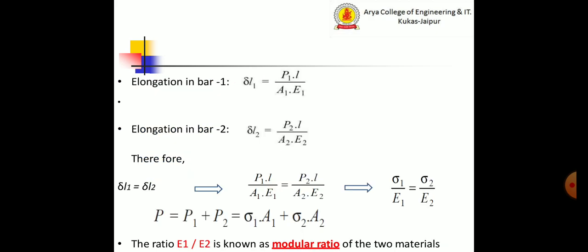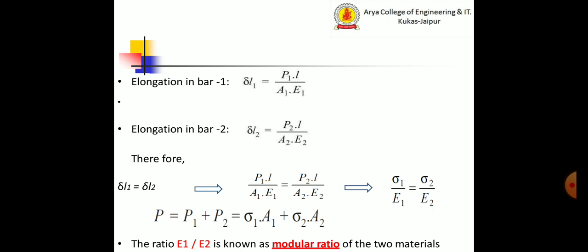Elongation in bar 1 is del L1 equal to P1 L upon A1 E1. Elongation in bar 2 is del L2 equal to P2 L upon A2 E2. These formulas we have discussed in the previous lecture.